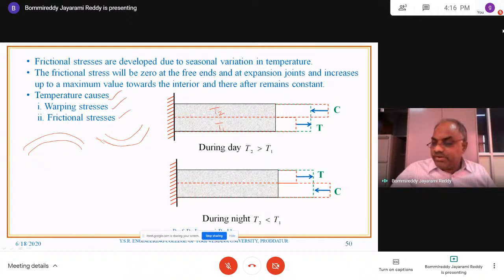Another one is frictional stresses. What are the frictional stresses? Assume that it is the center line of the pavement. If the temperature is more, what is going to happen here? It is going to expand.